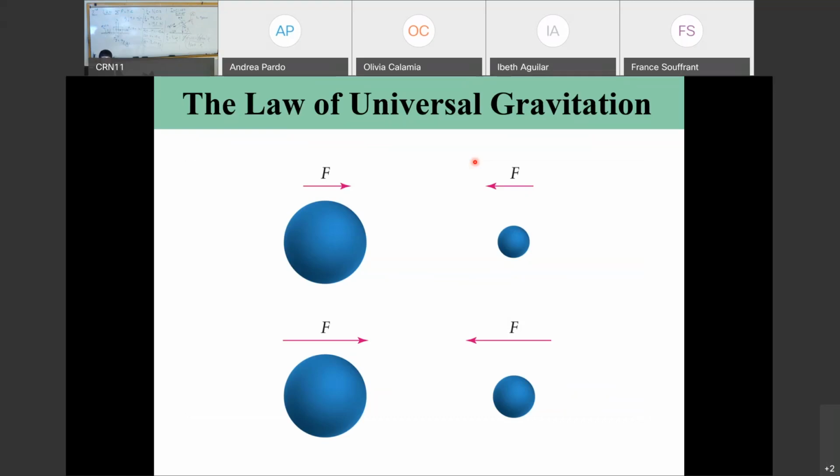So the law of universal gravitation, in just simple words, is the idea that there is an instantaneous force acting on a body which is orbiting around another body that is always more massive than the other body. So that's very, very important, because thanks to that, we're able to explain the orbit of the moon around the Earth.